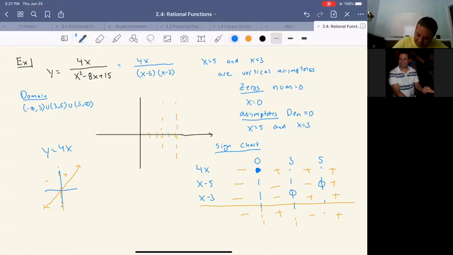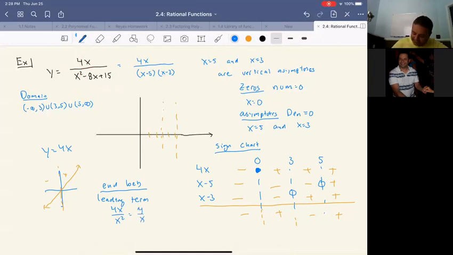Now, I didn't talk about the end behavior here yet. So let's just write that in. The end behavior. Well, what's going to happen as x gets really big? As x gets really big, the x squared is going to be the dominant thing, right? x squared is much bigger than x. So I'm going to take the leading terms of 4x divided by x squared. I'm going to say that's 4 over x.